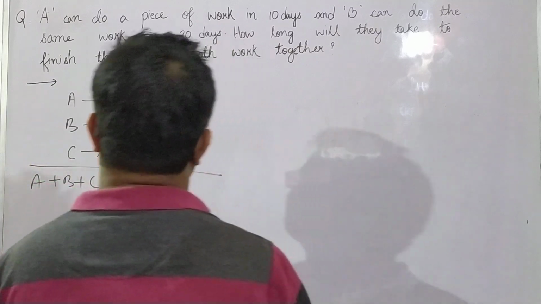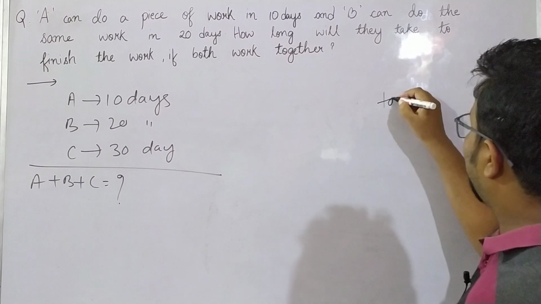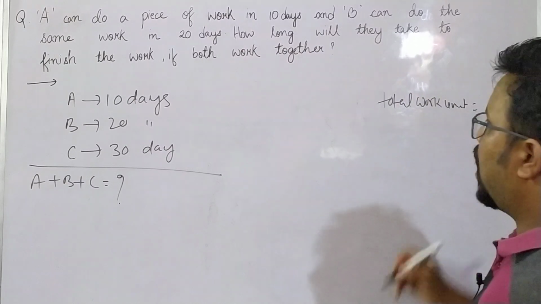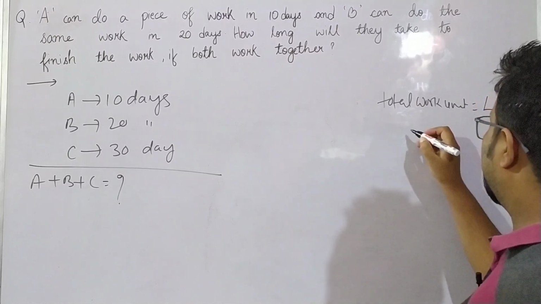First we will find the total work unit. How will we calculate it? Through LCM. So what is the LCM of 10, 20 and 30?